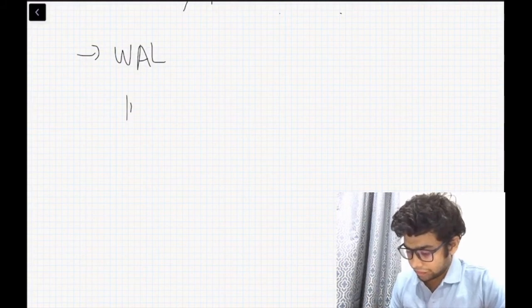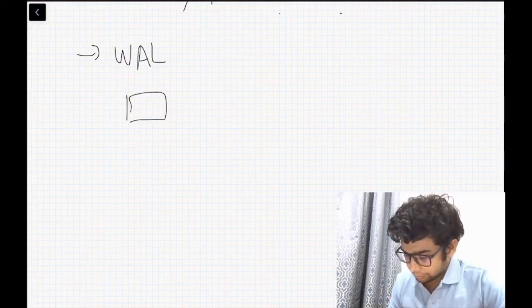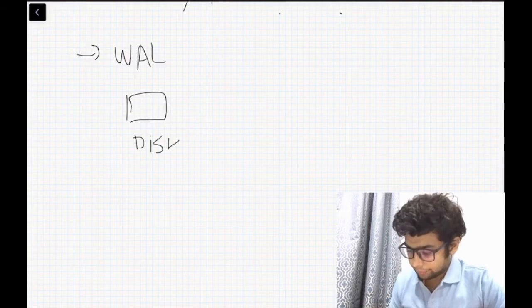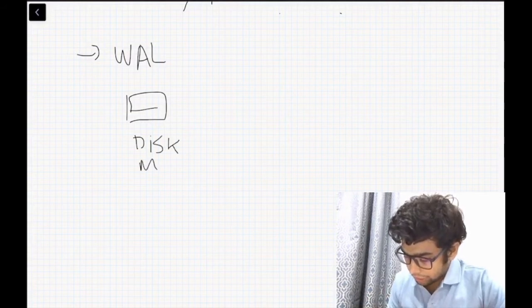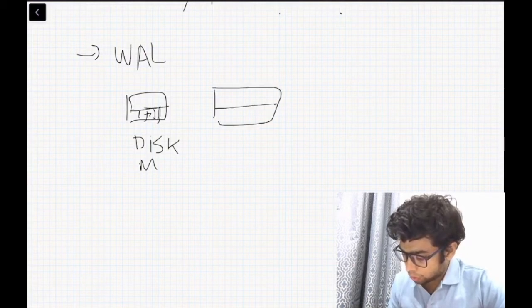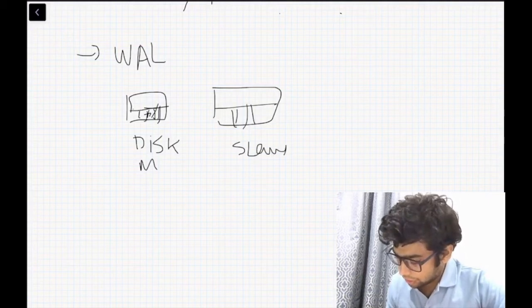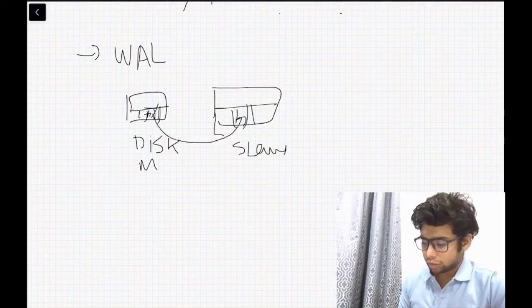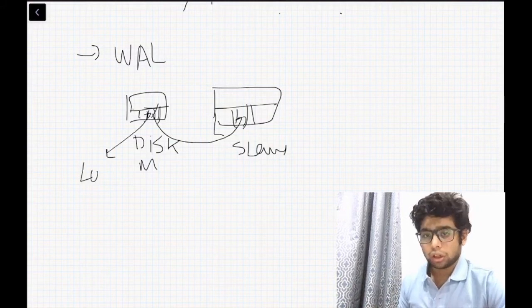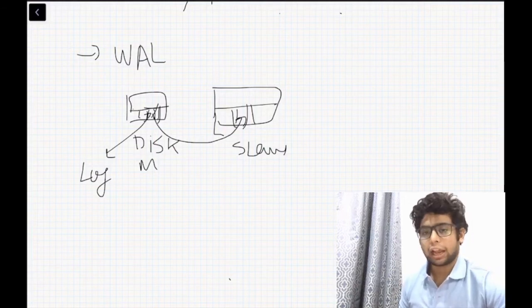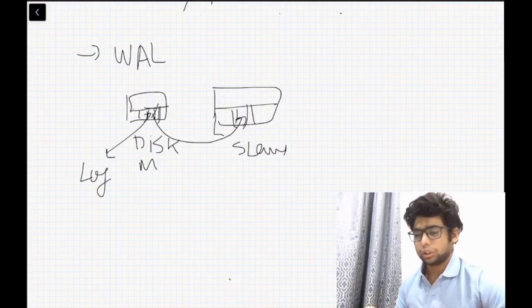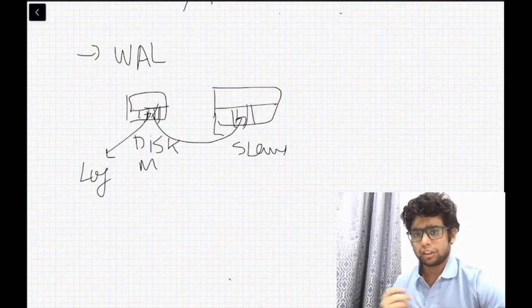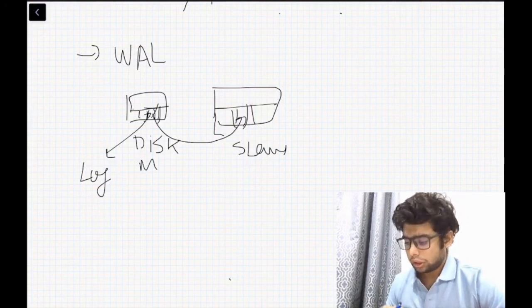So let's say this is my disk of the master, and something is written in some block of it, and that same block is, let's say, copied to the slave. So this block is copied to this slave. This is actually a kind of log that is being written on the master, and that we have copied to our slave. So this is one of the methods, write ahead log.